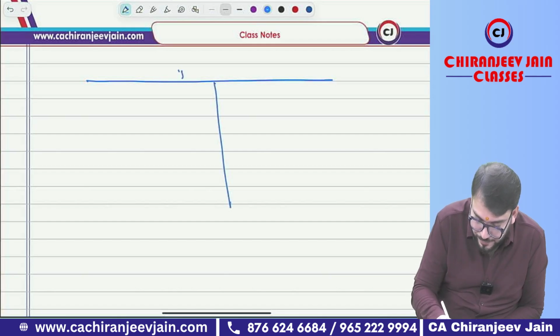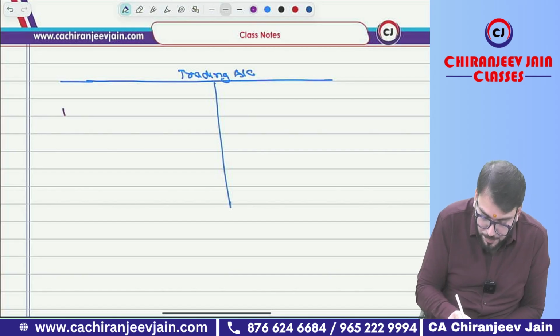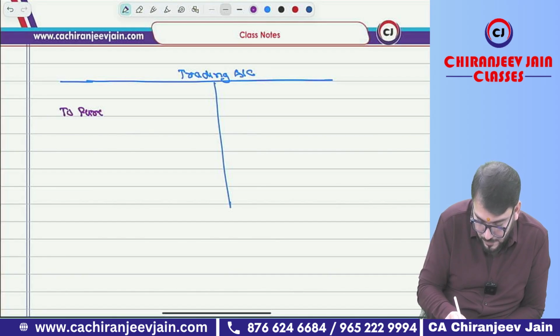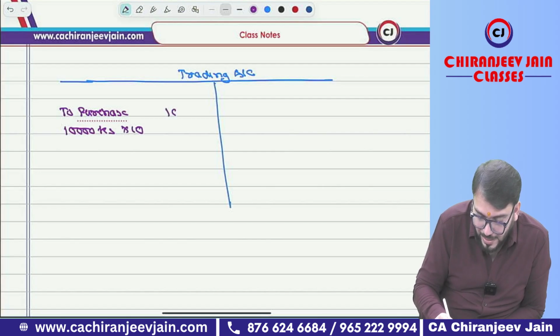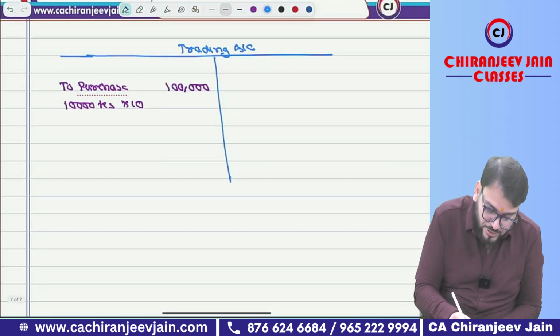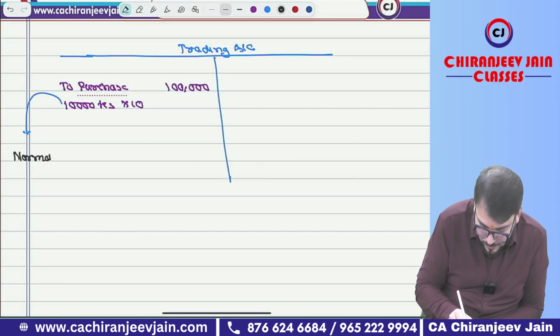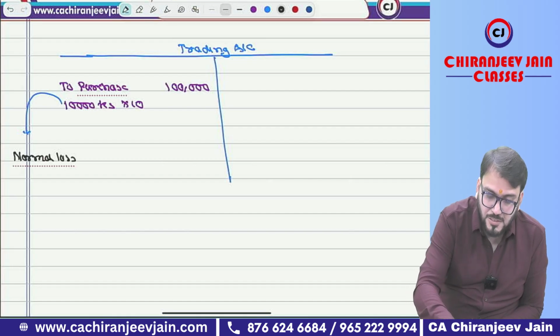this is your trading account. And you purchase 10,000 kg at rupees 10 each. So it is 1 lakh. Correct? Now out of these, there is a normal loss.